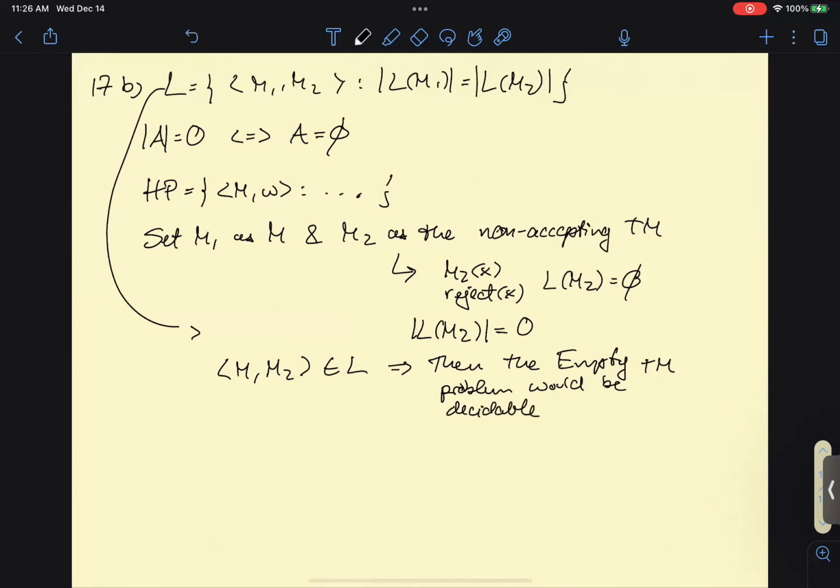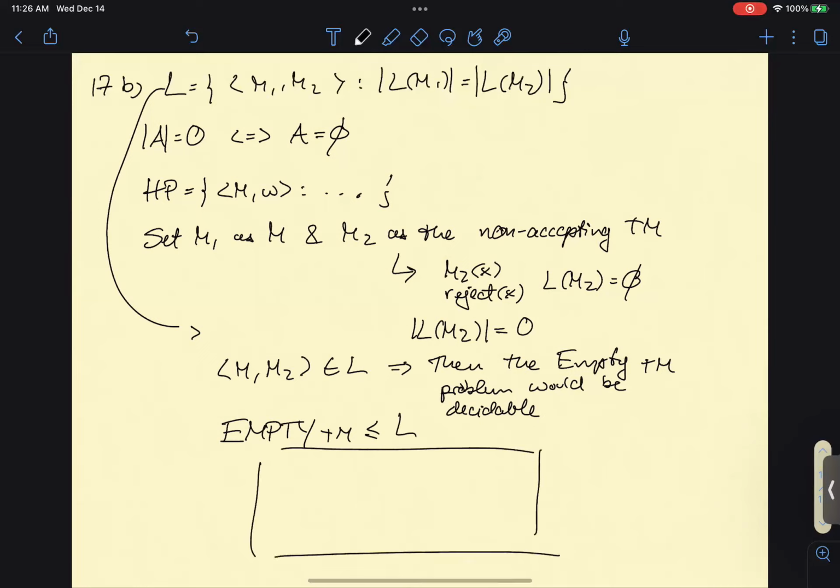Okay, so basically, empty is like this, and then we're reducing to L, right? So empty takes M, okay? And then M prime is basically just, you take M, you don't really do anything. So M prime is just the same as M. And then you feed in M and M2.